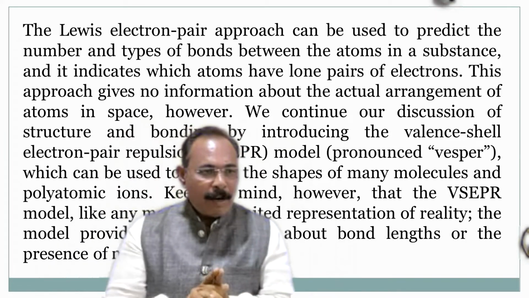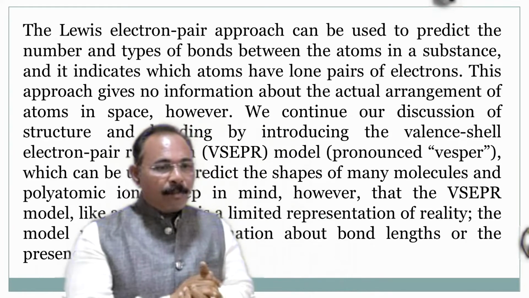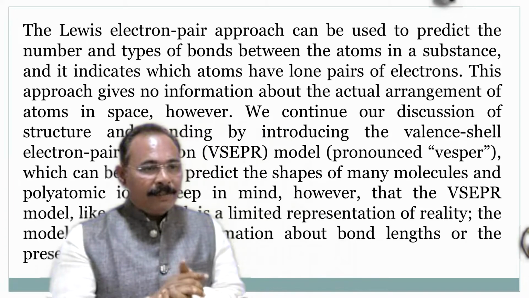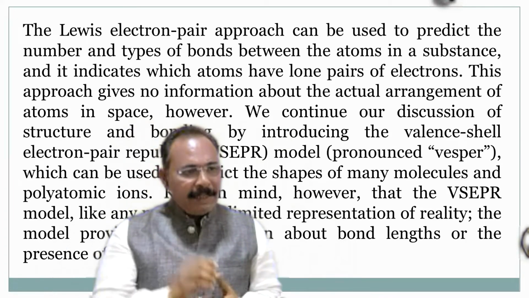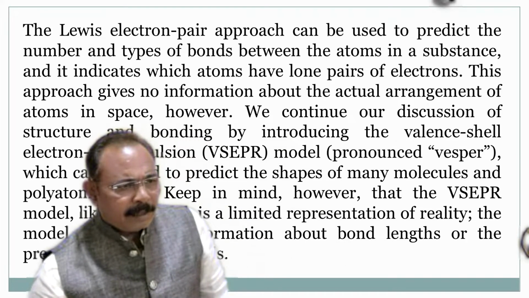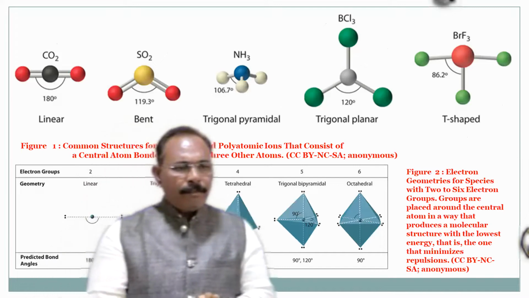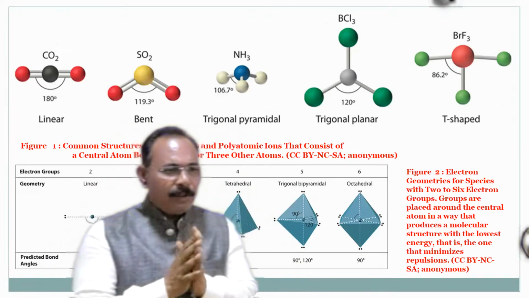Now we are talking about the VSEPR model. The VSEPR model can predict the structure of nearly any molecule or polyatomic ion in which the central atom is a non-metal.